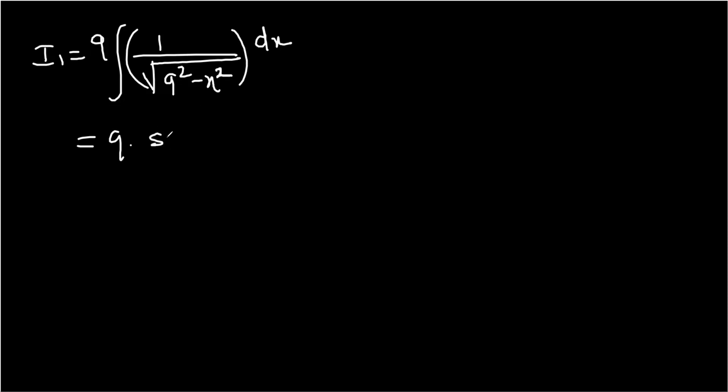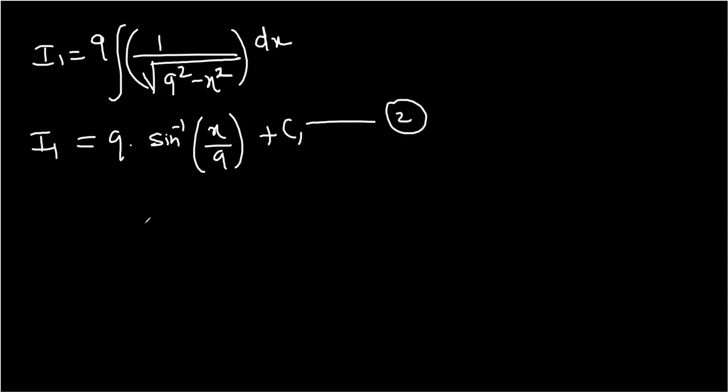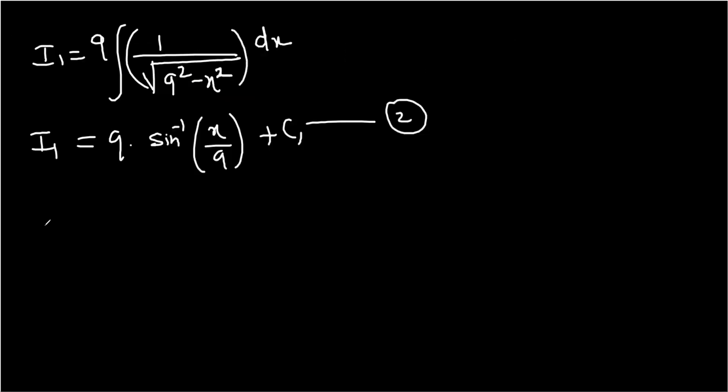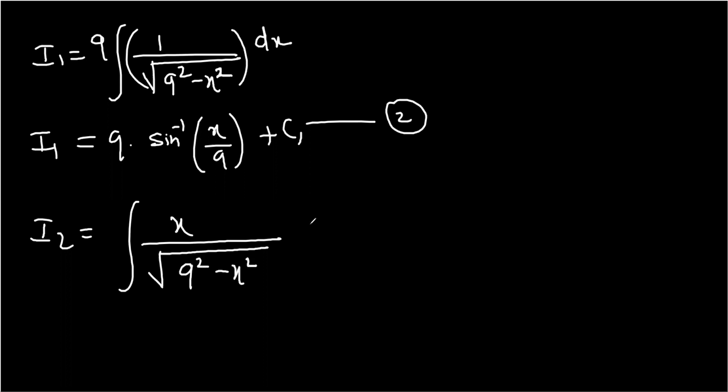So that is sine inverse of x over 9 plus c1. This is I1. I write this as 2. So I1 is obtained. Now I'll work on I2. What is I2? I2 is x divided by square root of 9 square minus x square dx. This is I2.